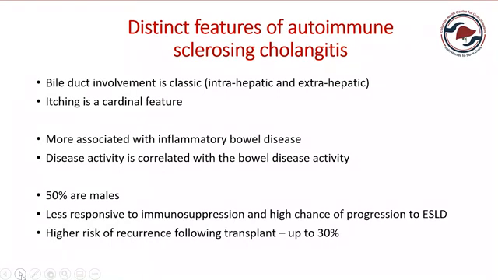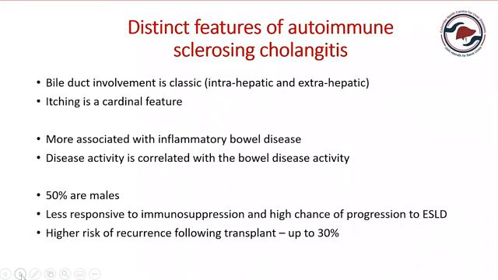The disease is increasingly recognized with inflammatory bowel disease, especially ulcerative colitis, but can occur with other types as well. Importantly, the disease activity of the liver or the bile duct is correlated with the bowel disease activity.